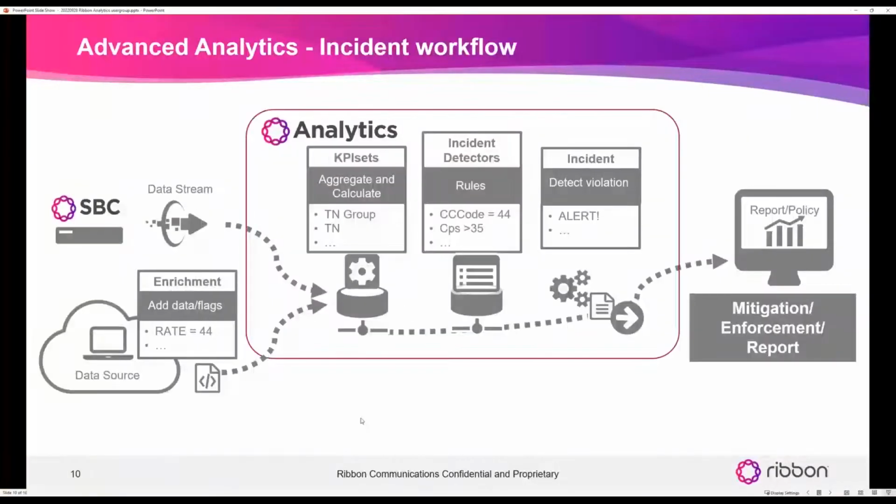And then, what is an incident? Really, another quick review. An incident is when the system has ingested data into Ribbon Analytics, you've gone through aggregation of that data, and the system has detected something that exceeds a threshold, if you will. We'll show you how to set up an incident detector on some of the data as we go through this.